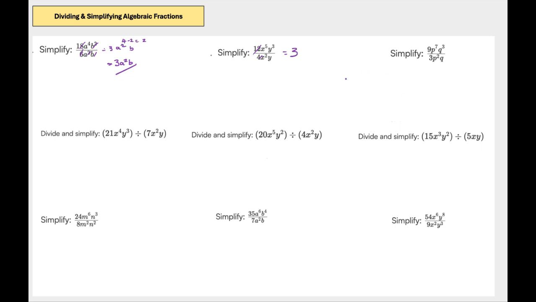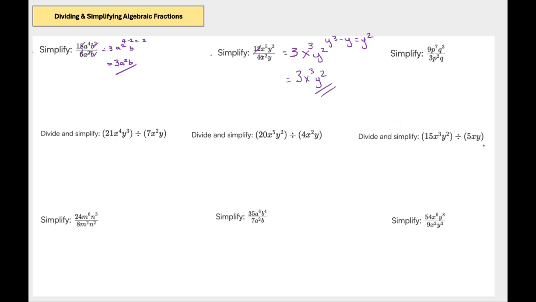So we take 2 away from 5, which leaves us with x to the power of 3. And then we have y cubed and a y, so that would be y cubed minus y equals y to the power of 2. So the answer is 3x cubed y squared.